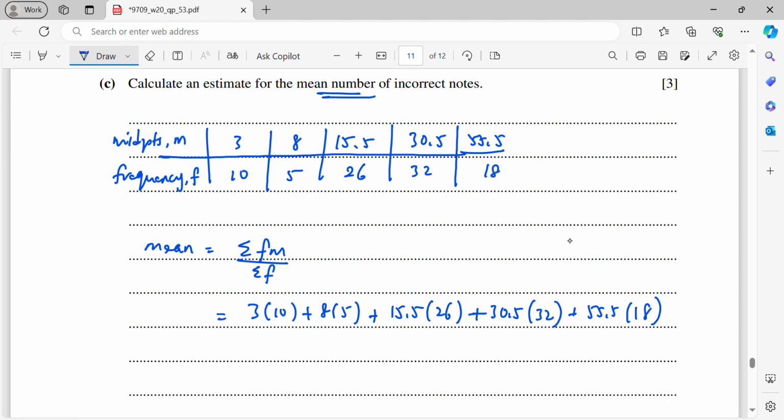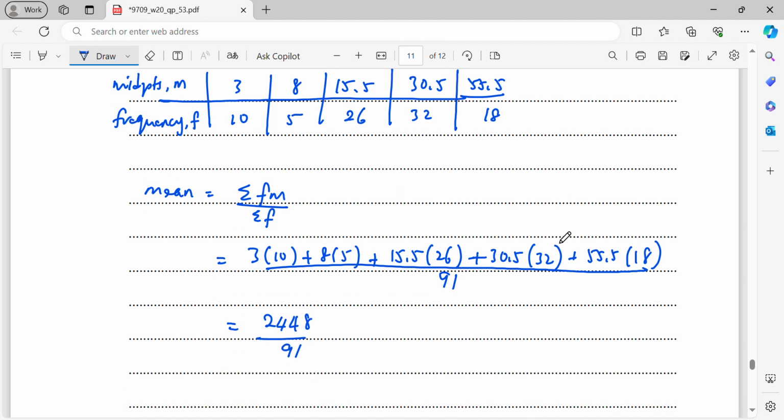Total f is basically 91. Then from here you will get 2448 over 91, and then you will get 26.9. So that's the mean.